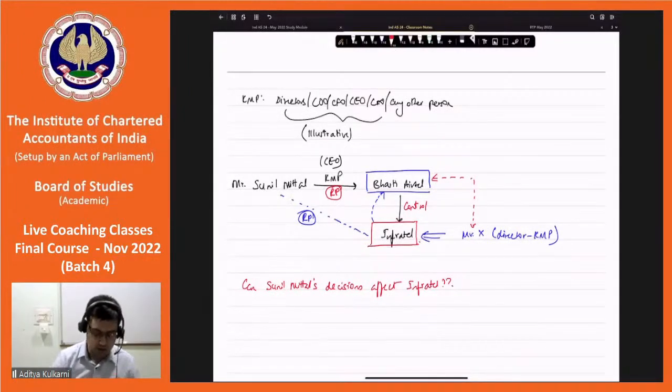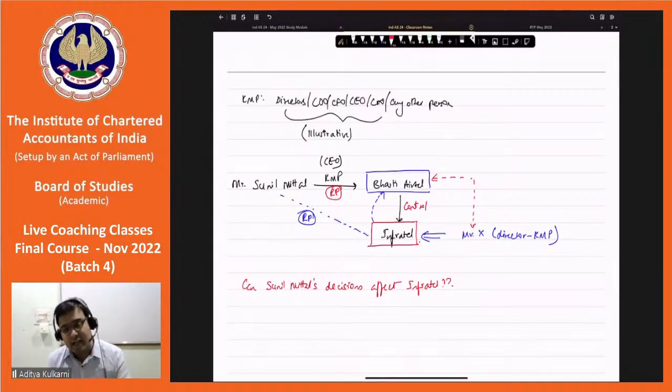Okay, so now it's fine. Sorry. So, if there is any decision which benefits Infratel but does not benefit Bharti Airtel, do you think that Sunil Mittal will allow that decision to be taken?